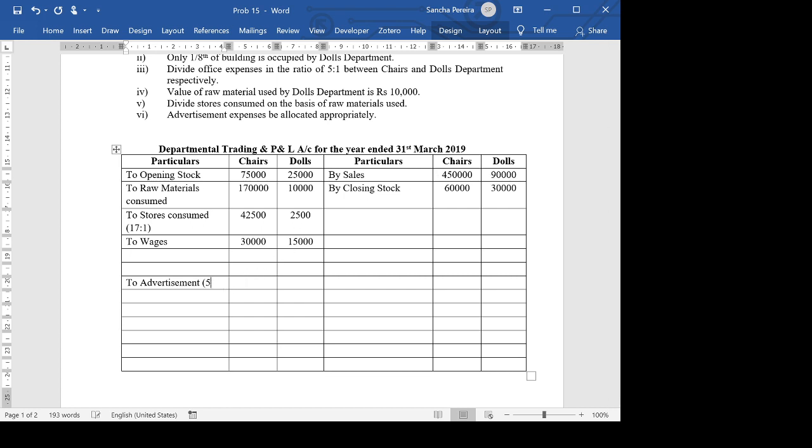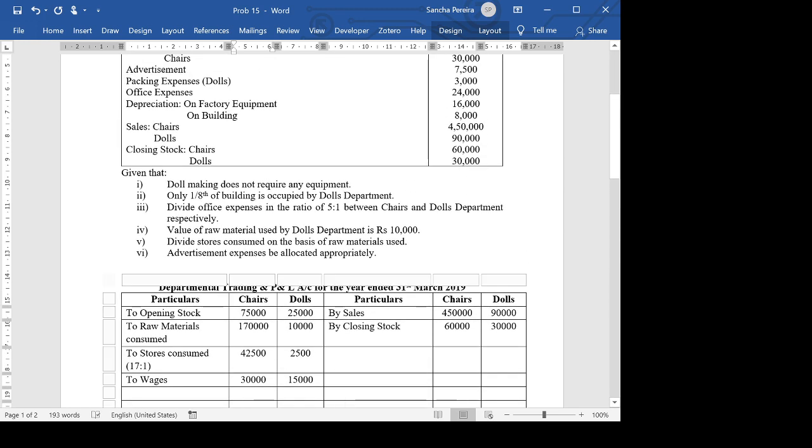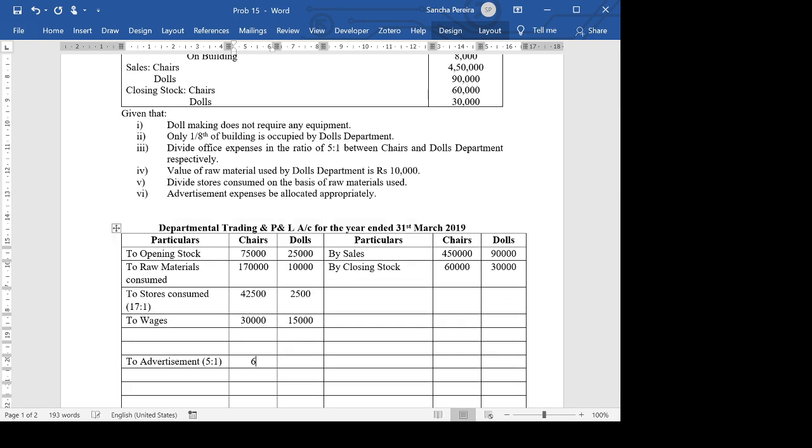So basically 5 is to 1. Advertisement will be divided in the ratio of 5 is to 1. How much is their advertisement? 7,500 divided in that ratio. 75 divided by 6 into 5: 6,250 and 1,250.